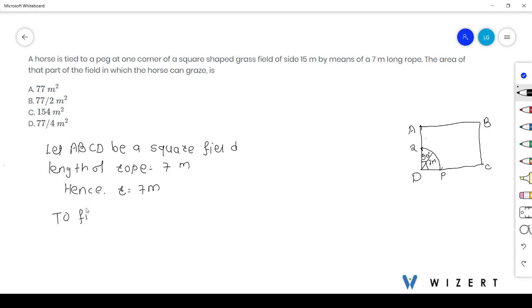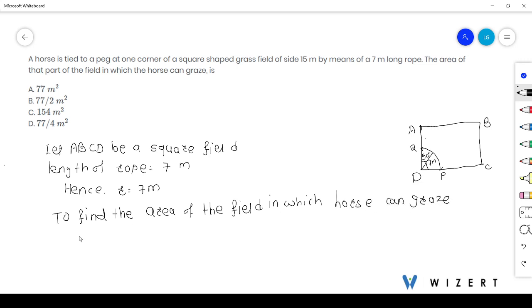To find the area of the field in which horse can graze, we need to find area of sector QDP.